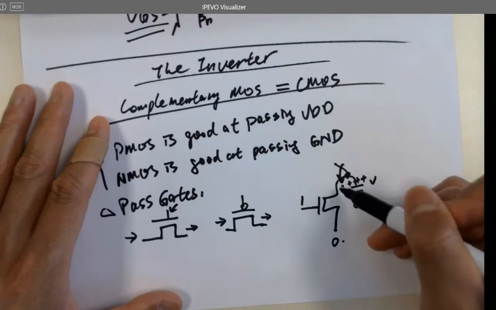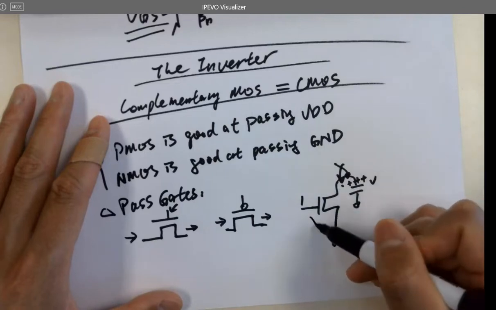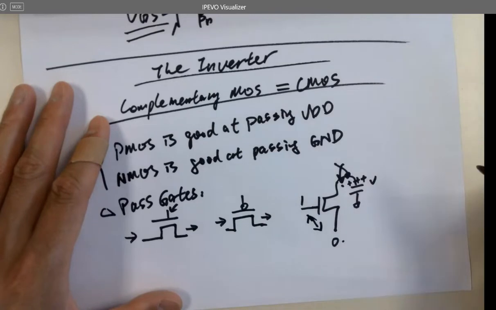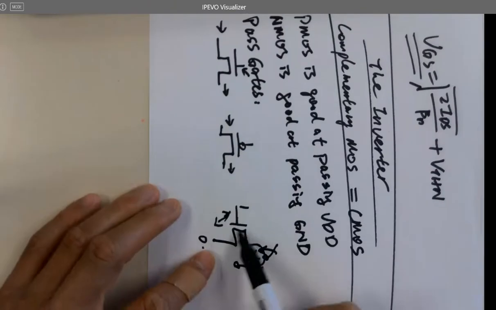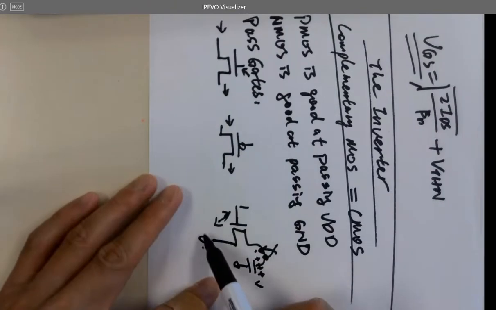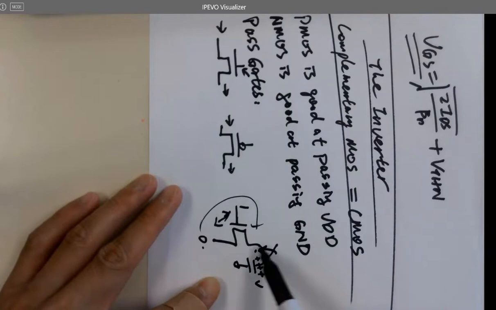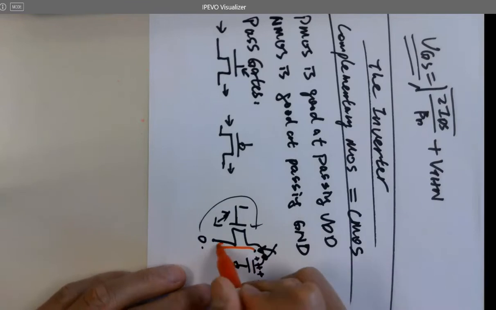Right, turn on the switch, and because VGS is 1, it's on. So this guy is on, and if you rotate it, I'm trying to pass 0 to here because I'm discharging this point. Make sense? Discharging this cap to that point.